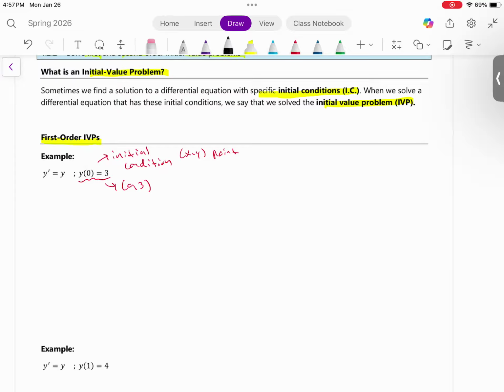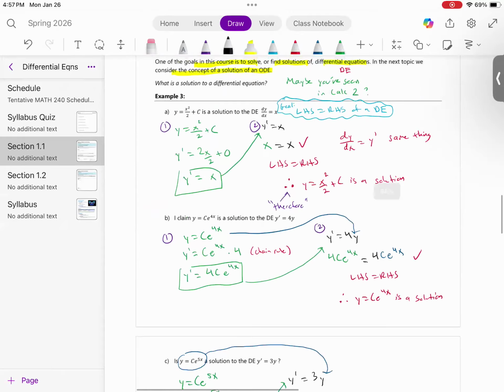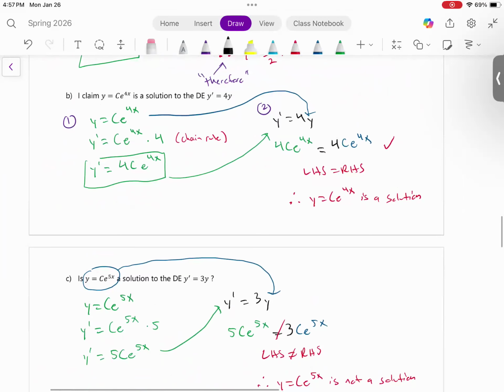If you look at example 3 in section 1.1, numbers B and C, what we know from those is that something like y equals c e to the x is a solution to y prime equals y.